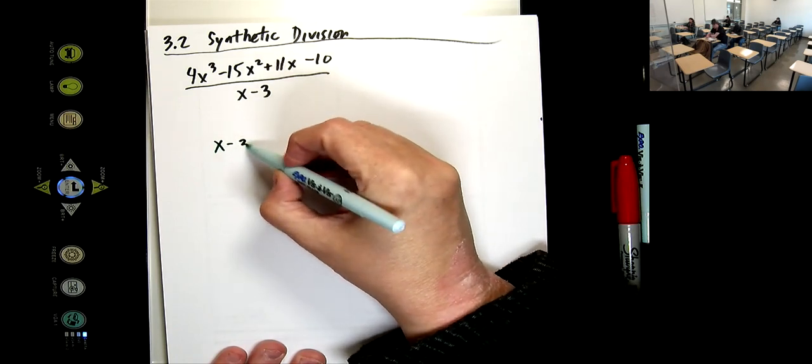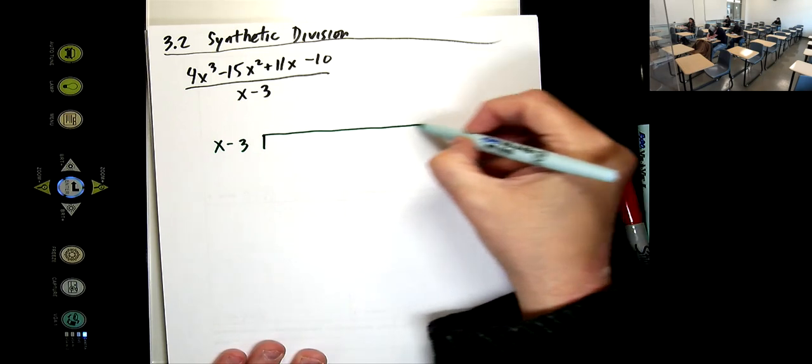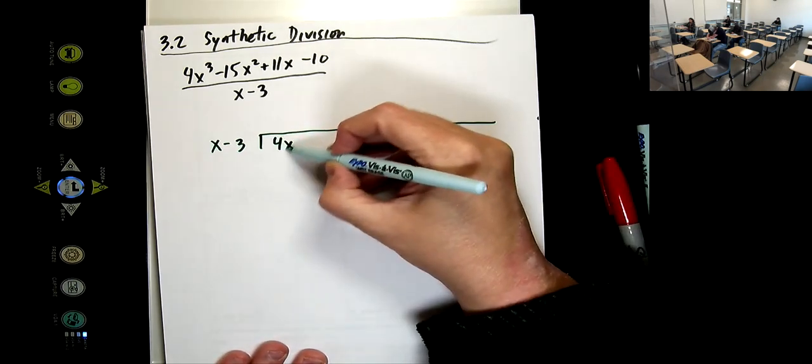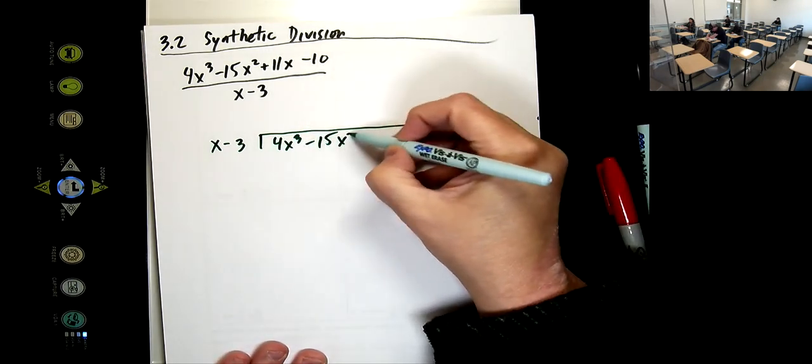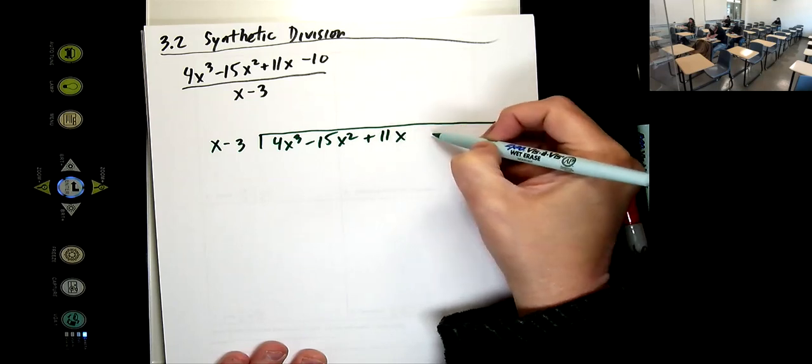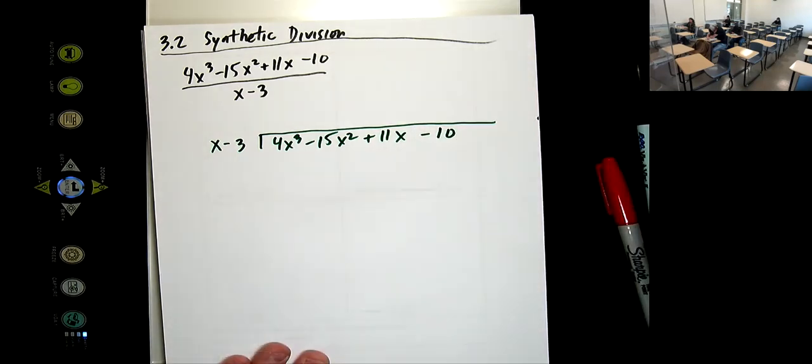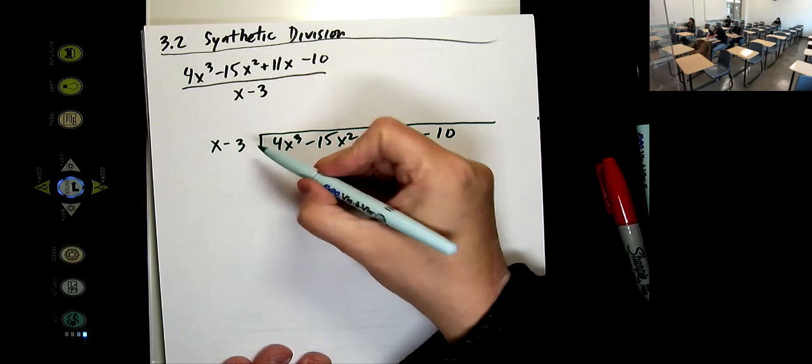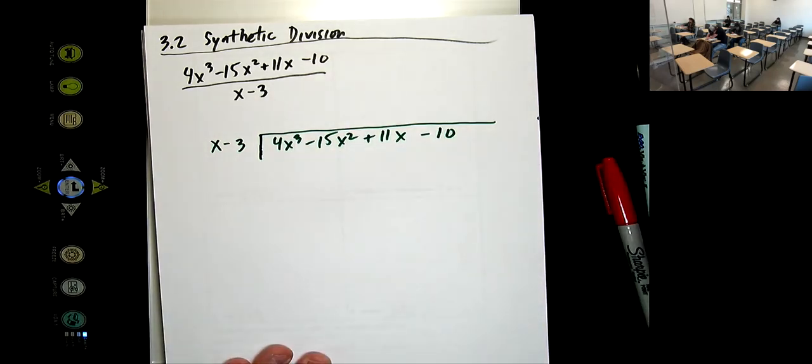So I'm dividing x minus 3 into 4x cubed minus 15x squared plus 11x minus 10. Have we done this semester yet? No, okay.